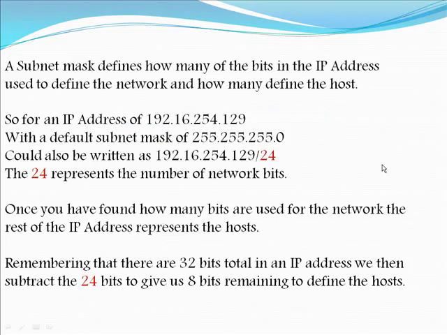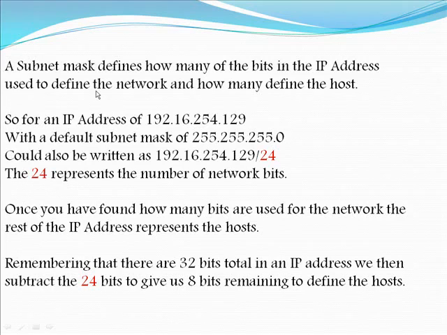Okay, so here we have the IP address of 192.16.254.129, our example again, with its default subnet mask of 255.255.255.0 written in our slash form of /24, which we now know is due to the 3 255s we have here, which is the same as 24 ones and 8 zeros for our default subnet mask.